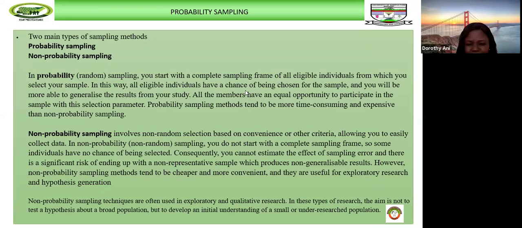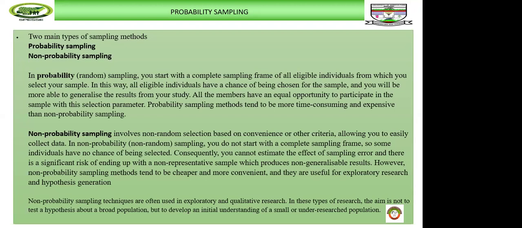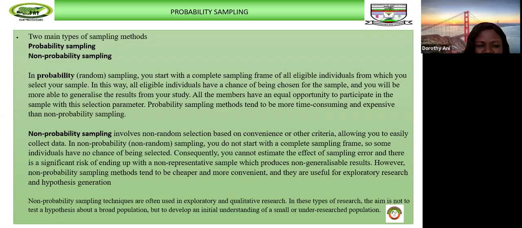Probability sampling, do you know what is the meaning of probability? What is probability? A likely occurrence. Likely occurrence of something.